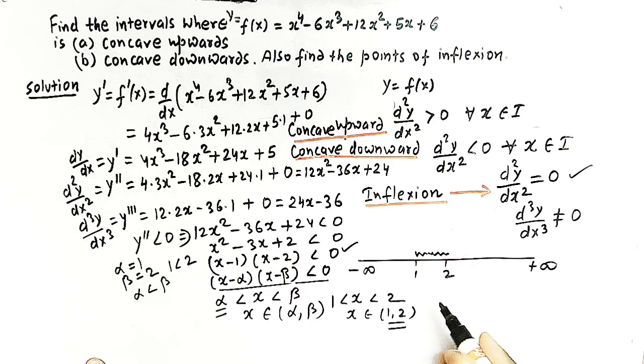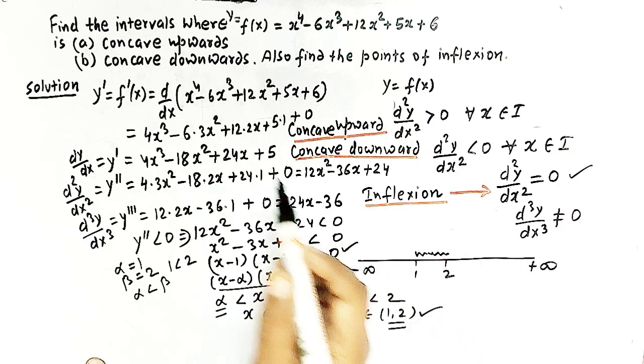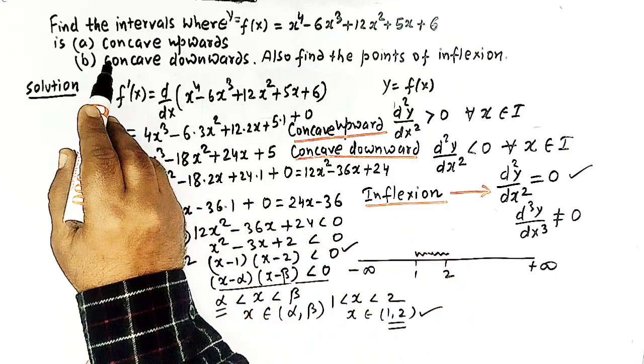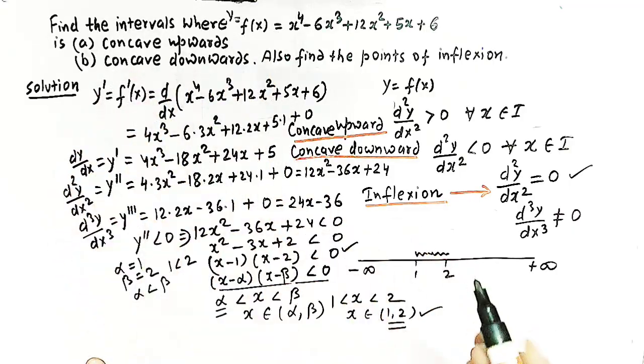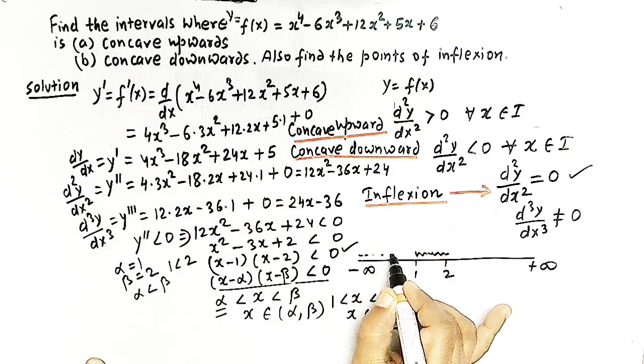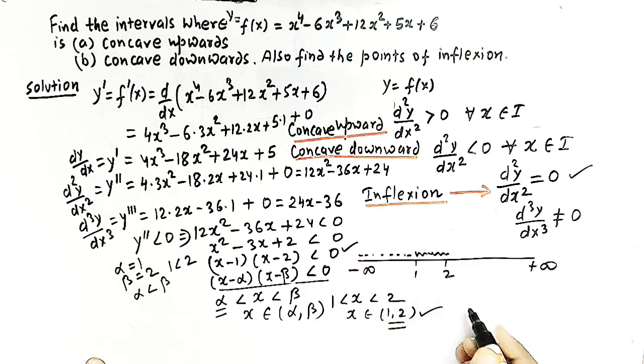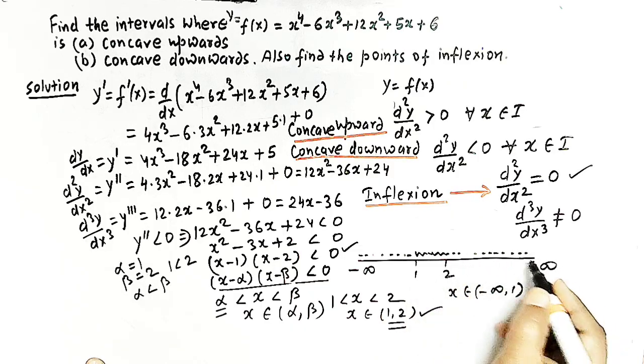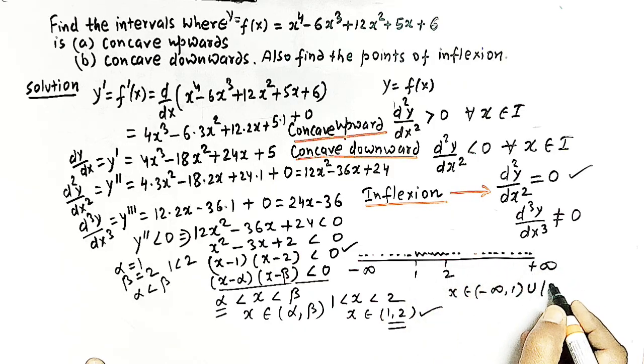So this is the required interval where this function is concave downwards, and we have just seen that this function is concave upwards in this interval, that is from x belonging to minus infinity to 1, and then we have this interval that is 2 to infinity, right?